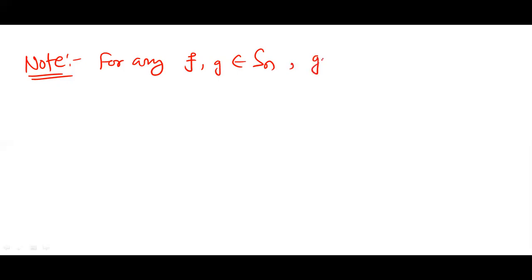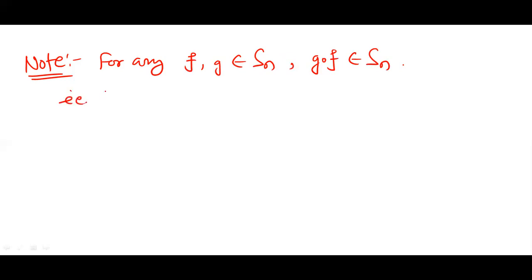Means we can note that for any f and g belonging to set Sn, g naught f, or you can say f naught g, doesn't matter, g naught f is an element of Sn.